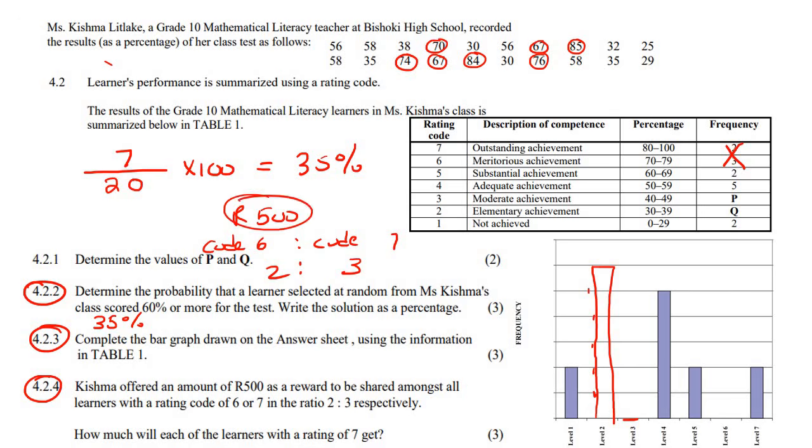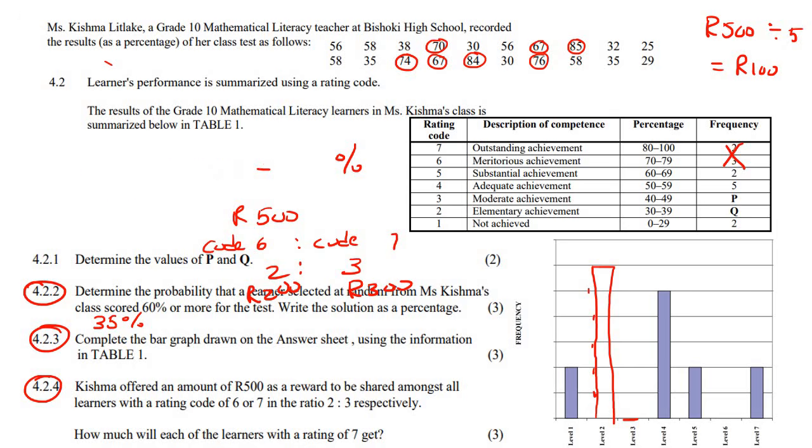So remember how to divide the 500 Rand up. You say 500 divided by, you add those two numbers together, that's 5. That'll be 100 Rand. So this part is 2 parts, so this would be 200 Rand, and this part here would be 300 Rand.